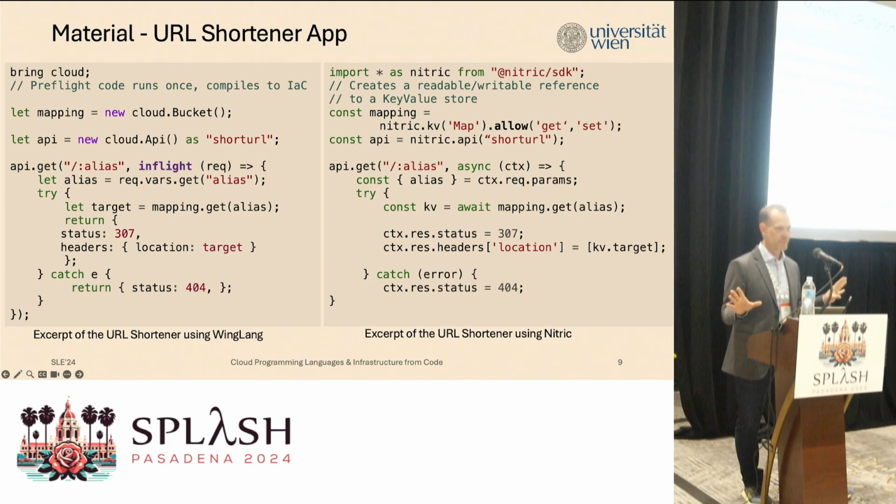Both implementations use an API gateway, a simple key-value storage or bucket called in Wing, and an encrypted secret storage on three cloud services.